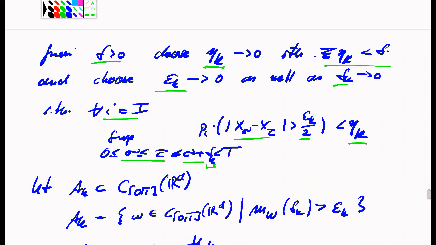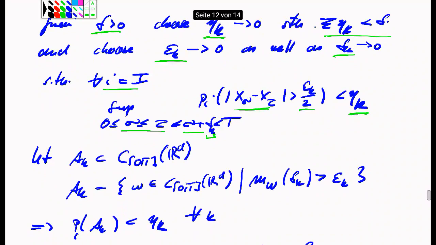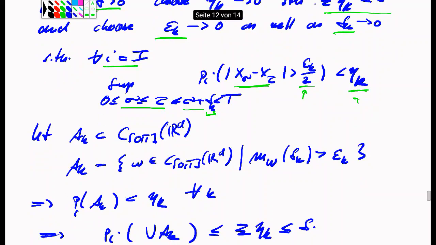And given this eta k sequence, finding epsilon k and delta k is possible by the condition which is formulated in Aldous theorem and which is our point of departure, which means that for every tolerance level epsilon k, we can find a delta k small enough such that this probability is really small.